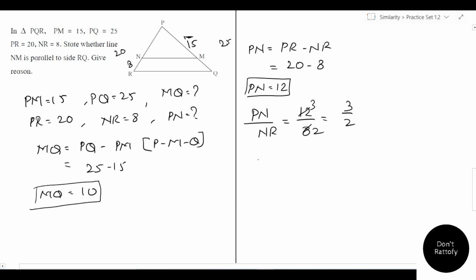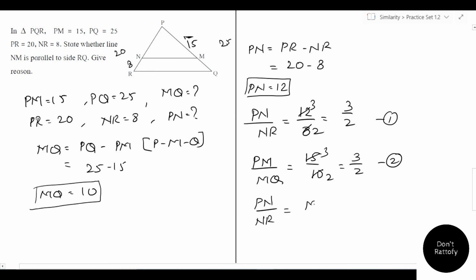The second ratio will be PM upon MQ. I have PM as 15 and MQ as 10. So 5 3s are 15 and 5 2s are 10, so it is again 3 upon 2. This is the first part and this is the second part. From the first and second part, I can say that PN upon NR is equal to PM upon MQ.